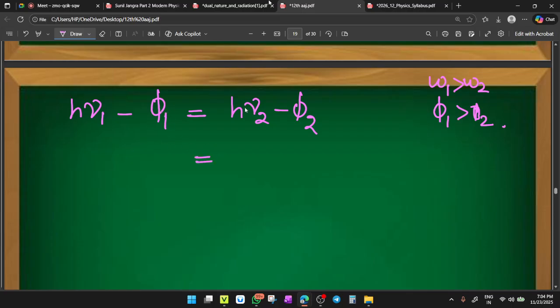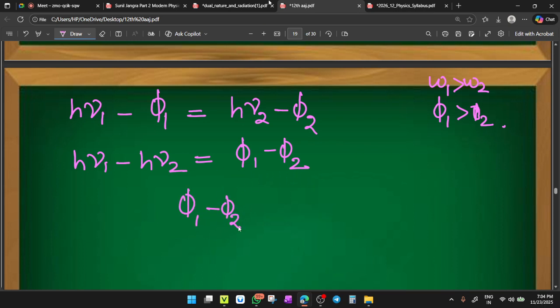So if you take phi 1 across, this becomes phi 1 minus phi 2 equals h nu 1 minus h nu 2. As phi 1 is greater than phi 2, phi 1 minus phi 2 will be greater than 0.